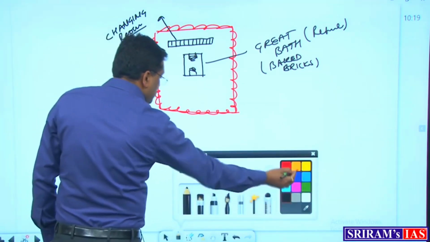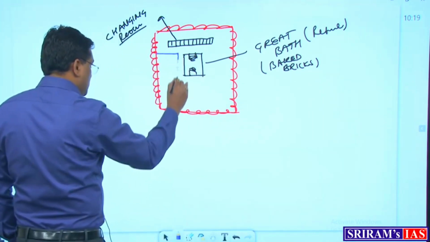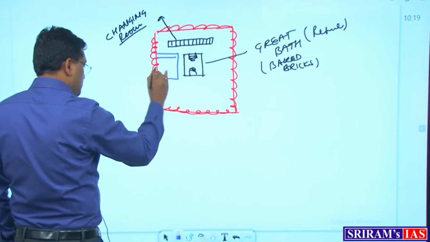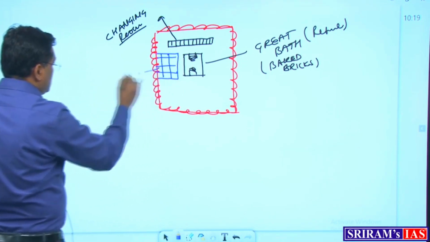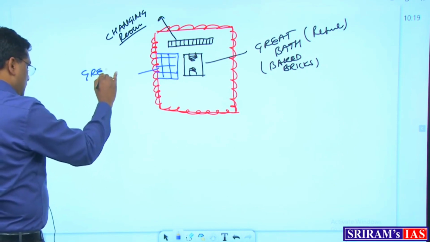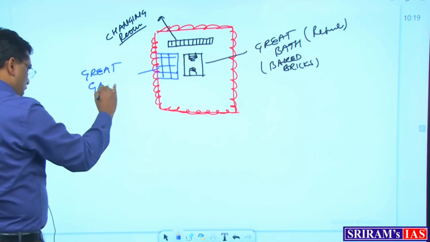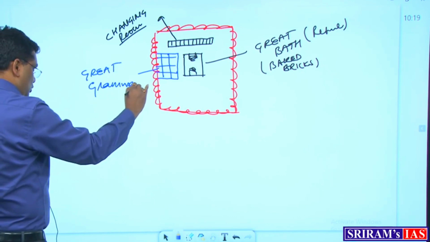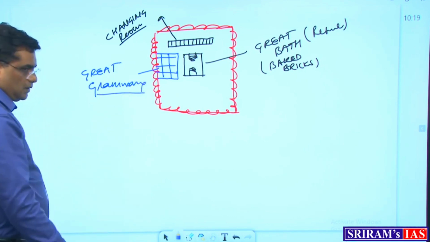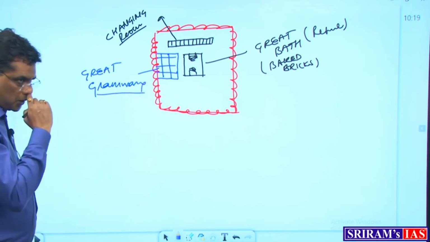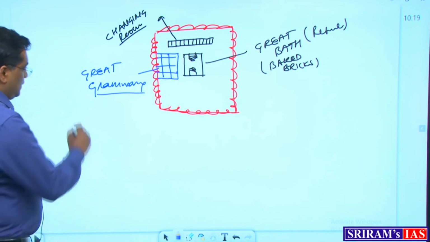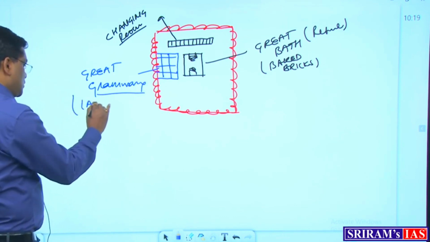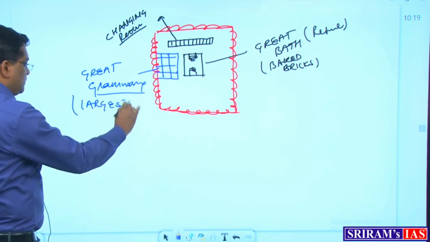Then we have the Great Granary, like FCI, Food Corporation of India Limited, a great granary for distribution of grains in the city. This is the largest structure of Mohenjo-daro.